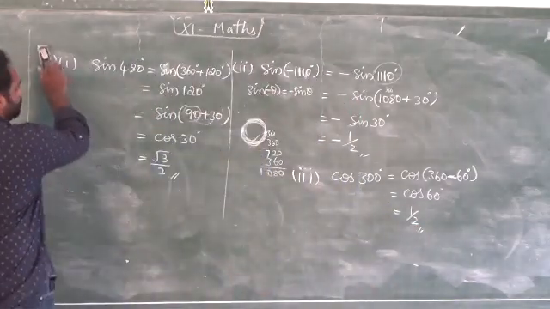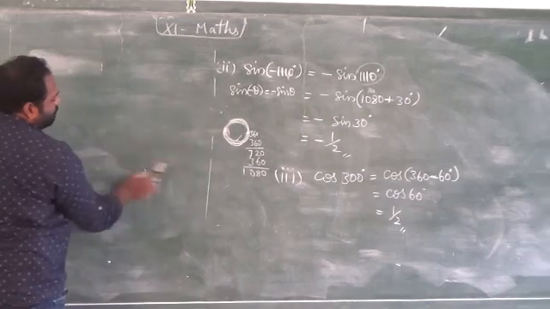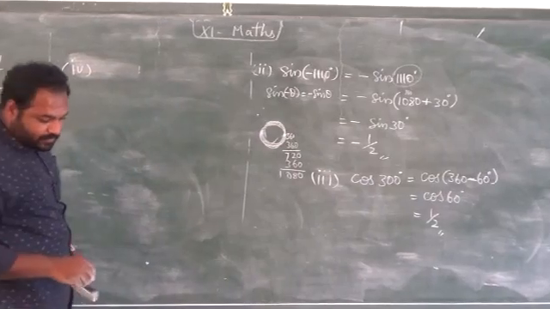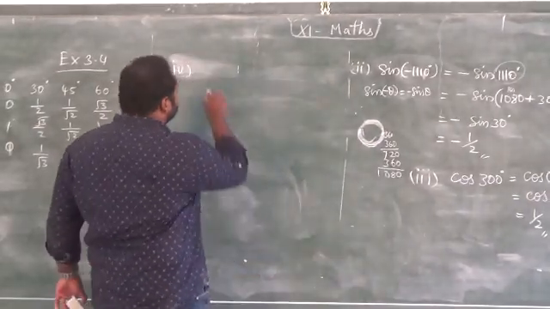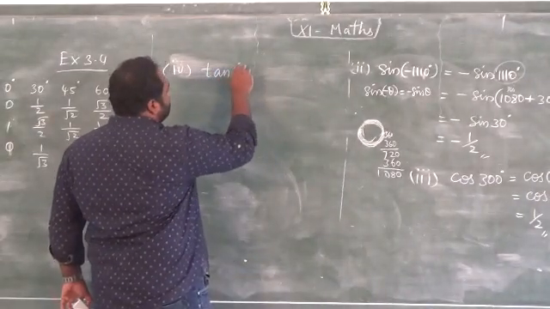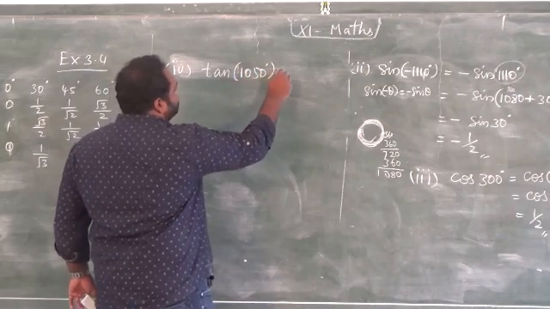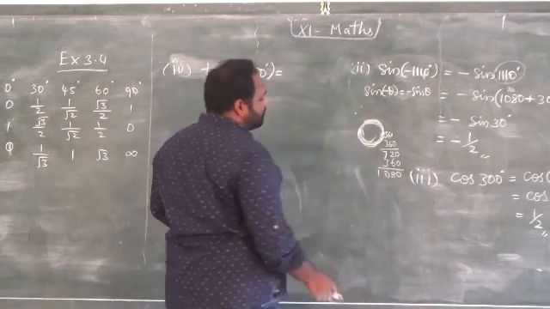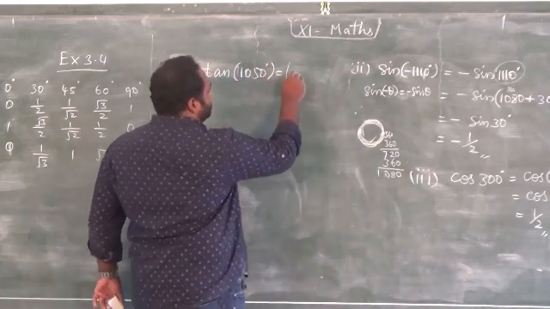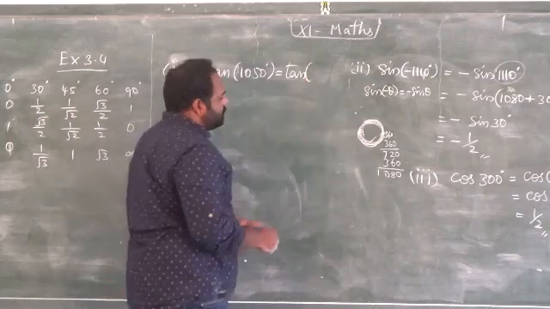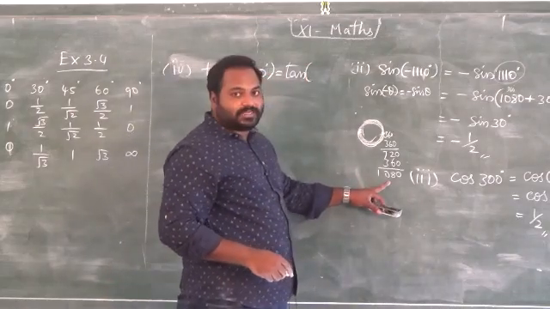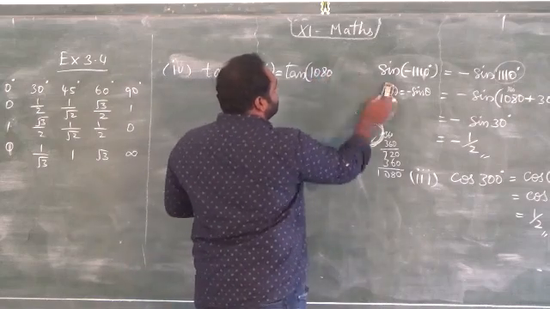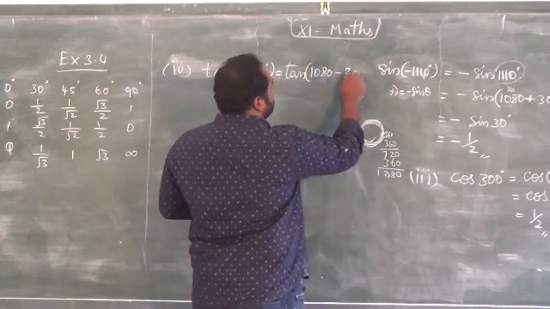Next, the fourth subdivision, tan 1050 degree. So 1050 degree can be split like 3 times rotation, 1080, minus 30.